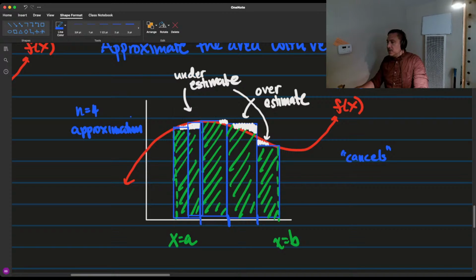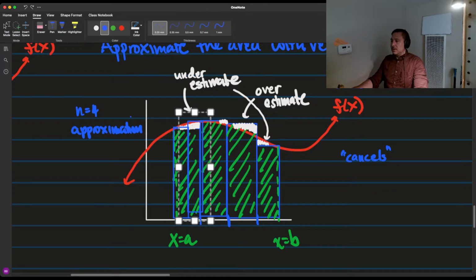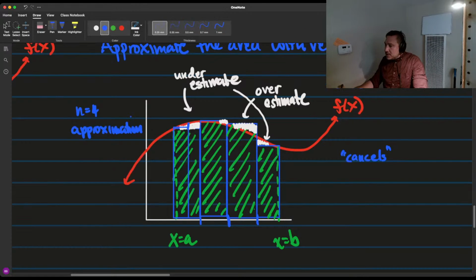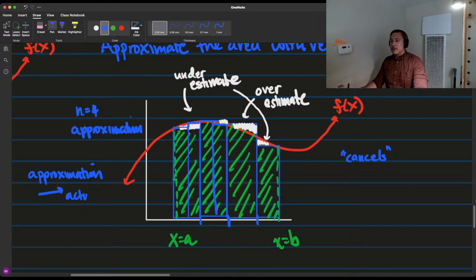But anyways, what you could do, I guess I'll just draw it in myself. You could start breaking your region up into smaller rectangles. And what happens is that as you start adding more and more rectangles, the amount of overestimate and underestimate gets smaller. Okay, so what we'll be doing is taking our approximation with rectangles, and you can get it pretty close to the actual area by just adding more rectangles.